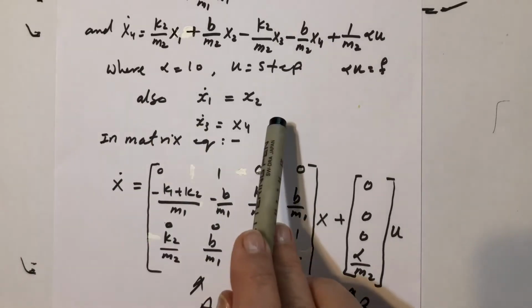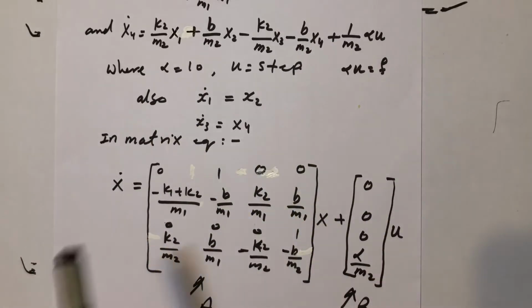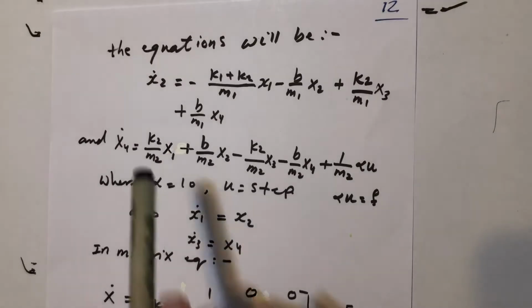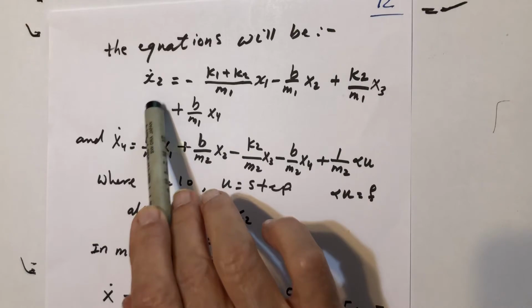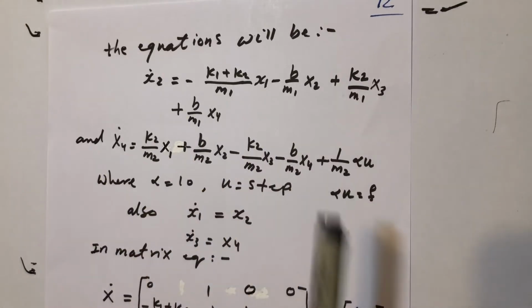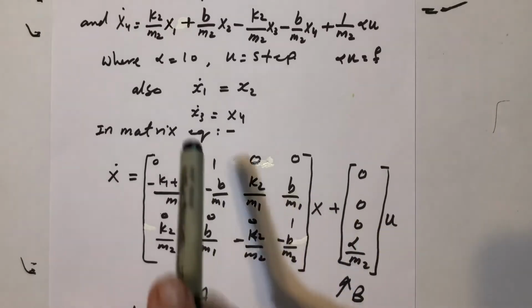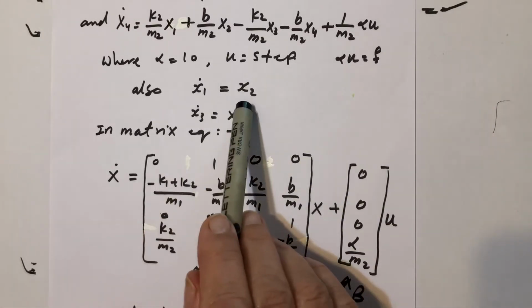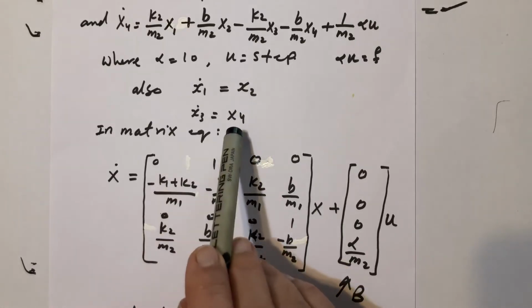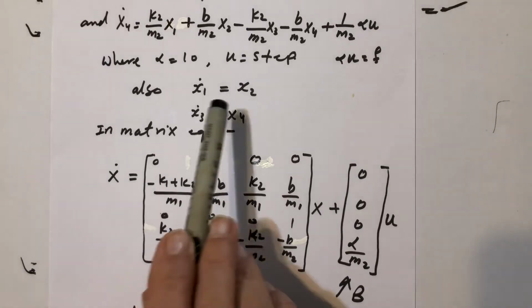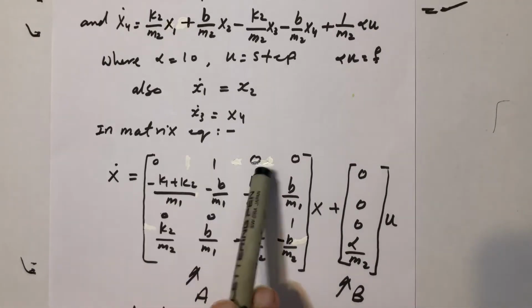Also we have x1 dot equal x2. Now we can write the total equation. This is the x2 dot equation, and this is the x4 dot equation. At the beginning we assumed x1 dot equals x2 and x3 dot equals x4. So x1 dot gives the row 0, 1, 0, 0.